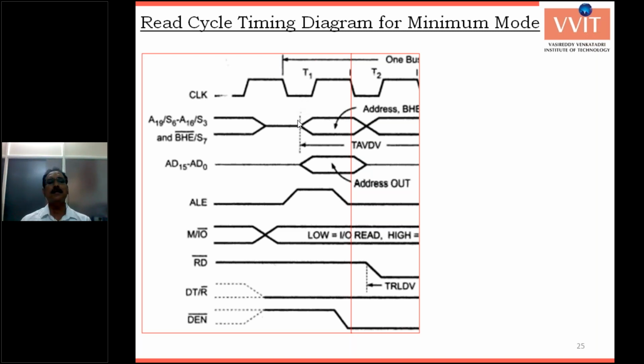The duration is 1 clock cycle. For 1 clock cycle it serves the address. AD0 to AD15 is the lower order address. A16 to A19 is the higher order address. This symbol indicates a group of lines. At that time ALE is enabled. If ALE is one, these lines carry the address.